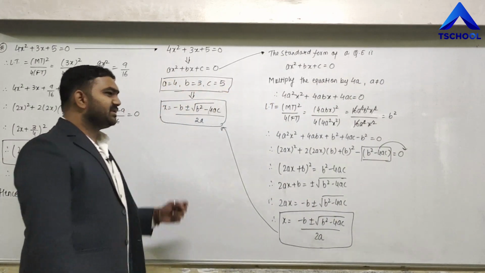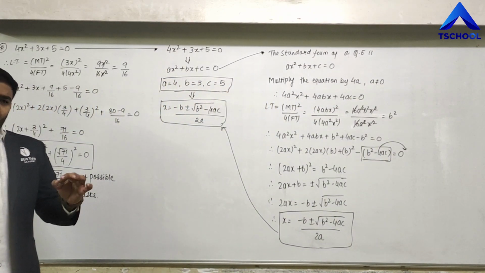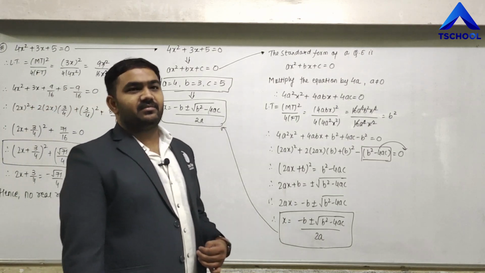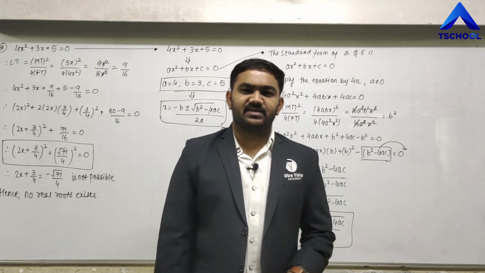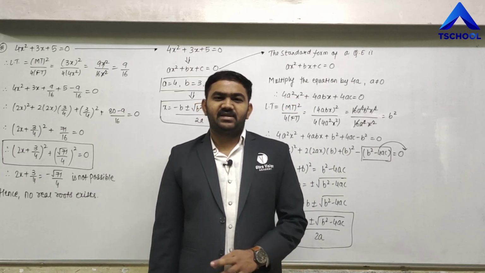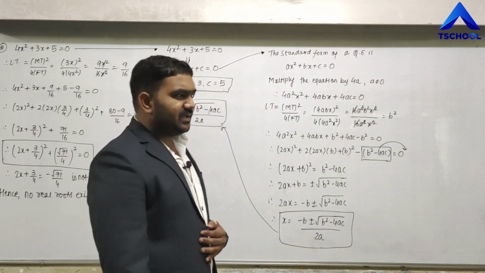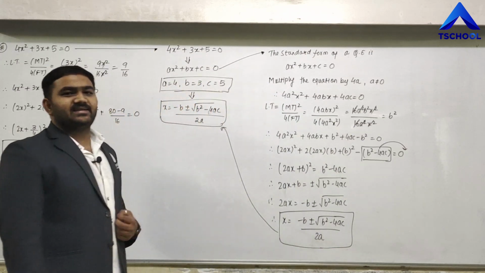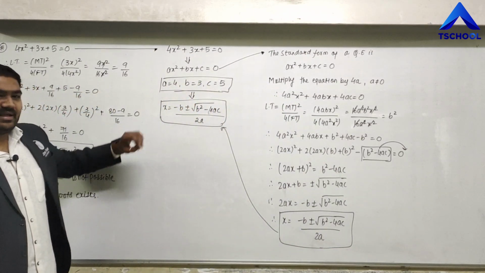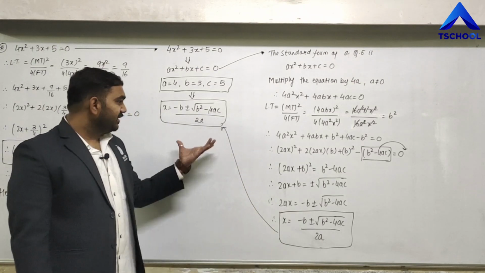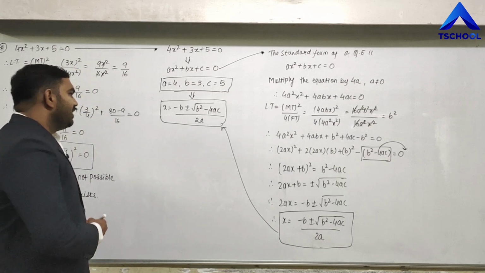The question asked was: what are the roots of a quadratic equation ax square plus bx plus c if b square minus 4ac is greater than 0? Greater than 0 means real and distinct roots will be available. We shall see the nature of roots here.